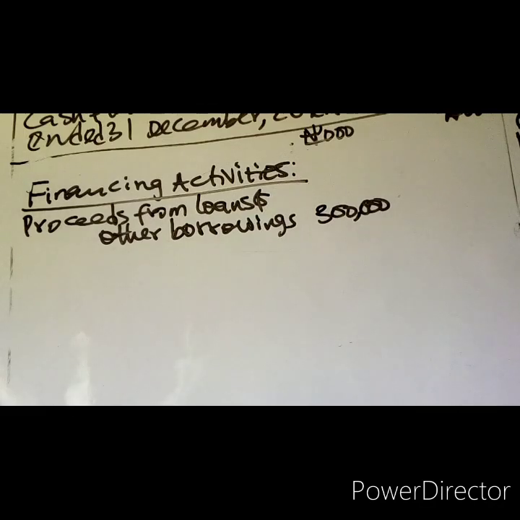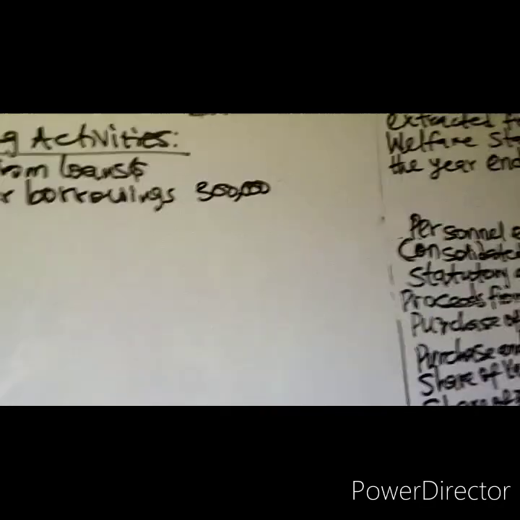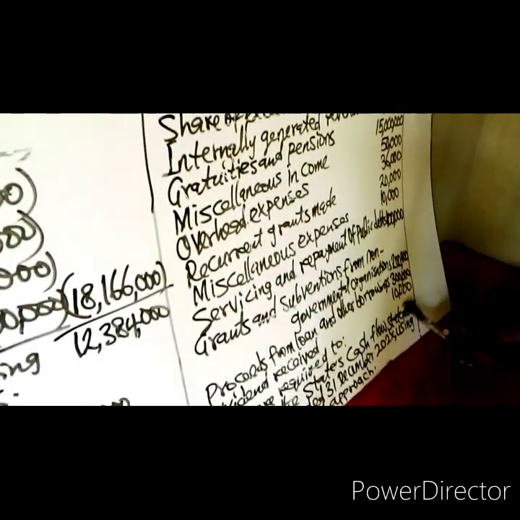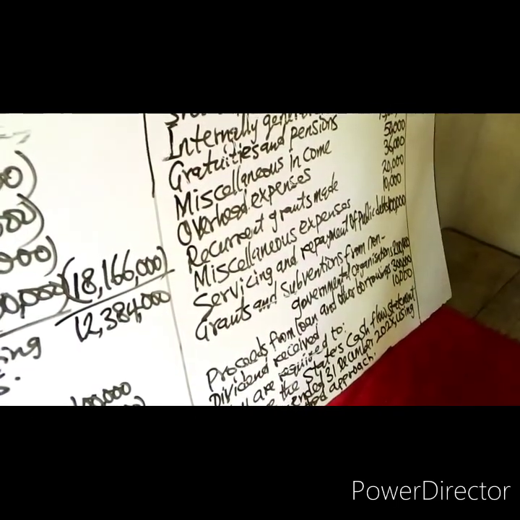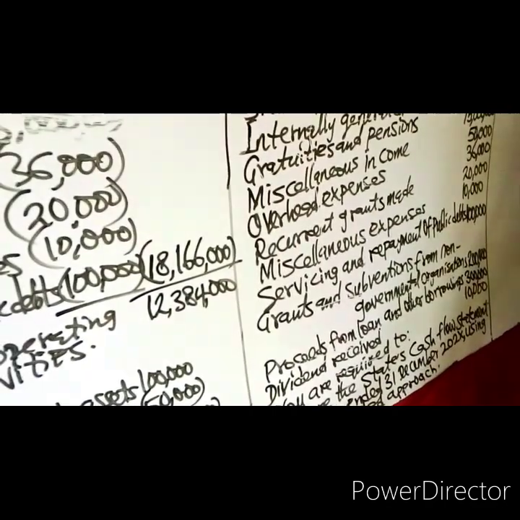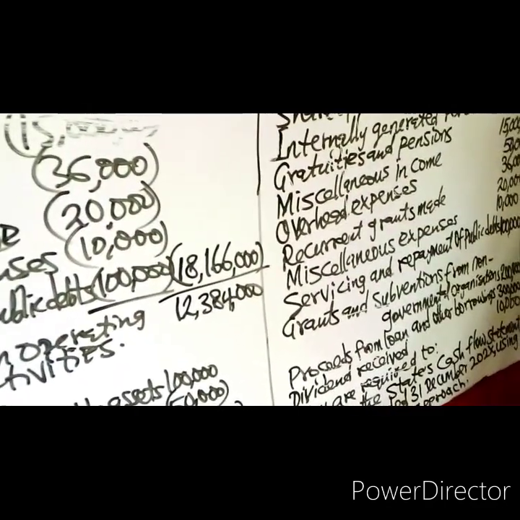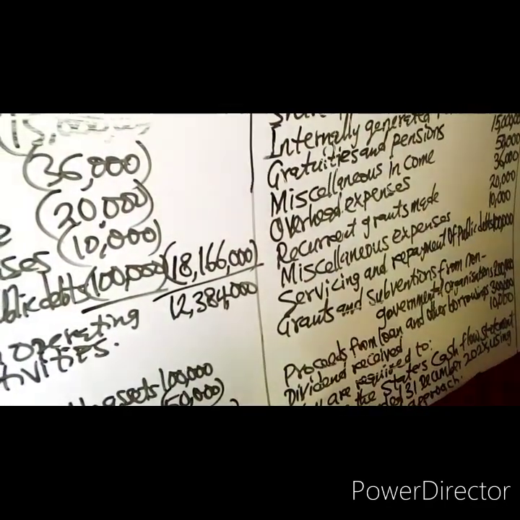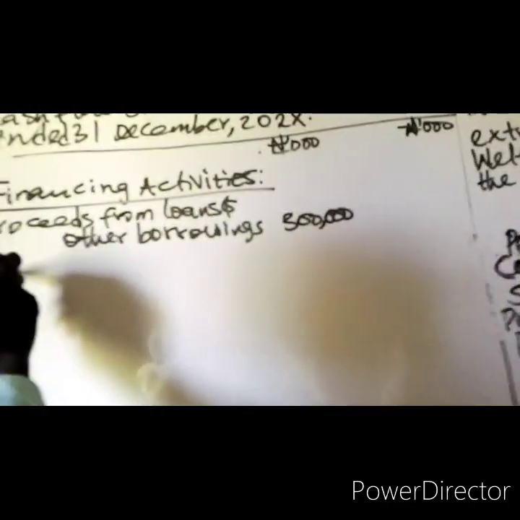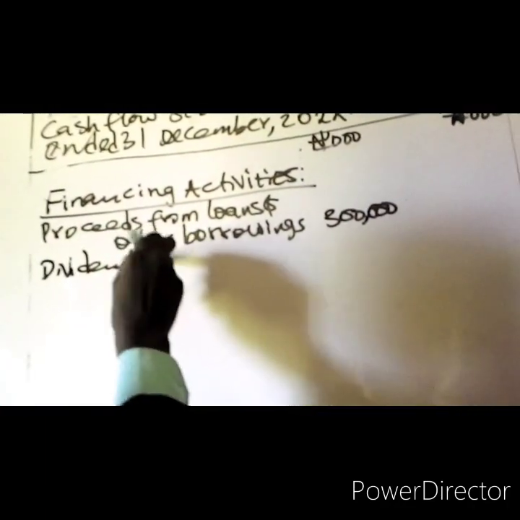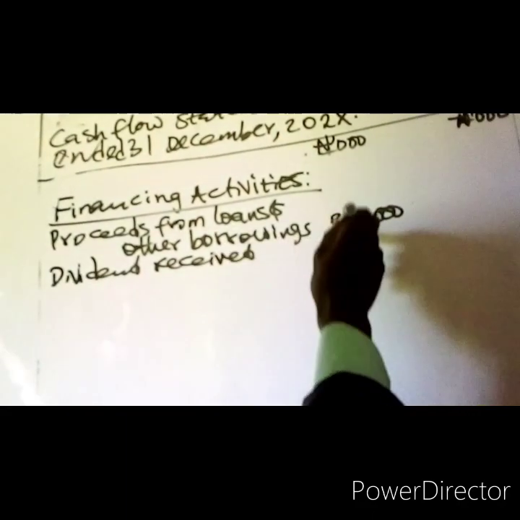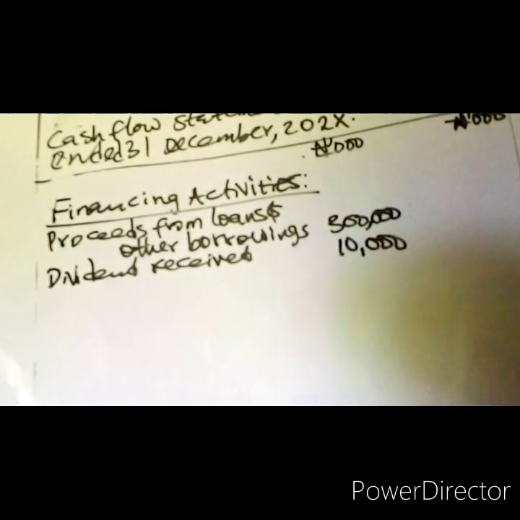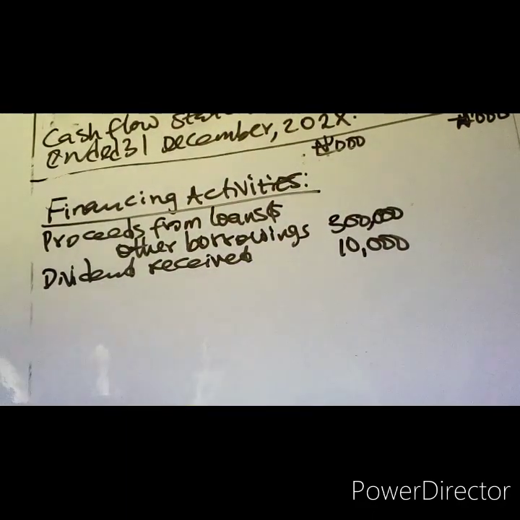Then you also have dividend receipt, which is 10,000. Dividend received, 10,000. So no other item apart from that.